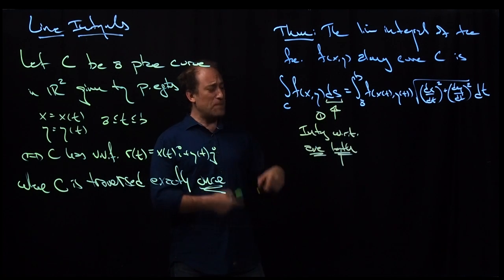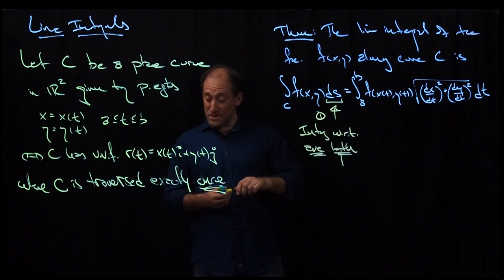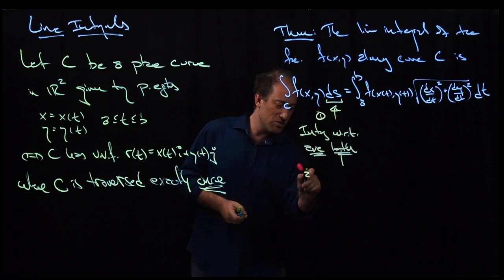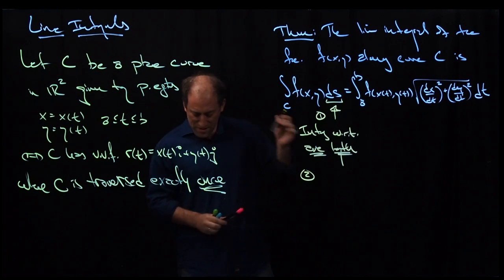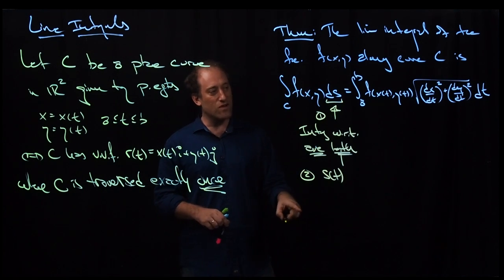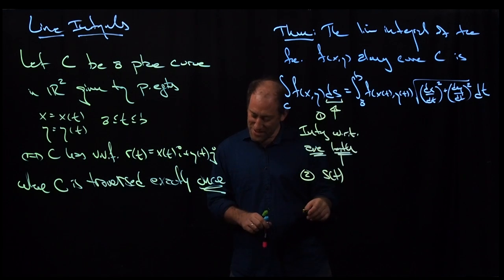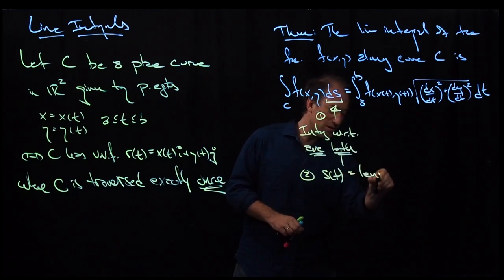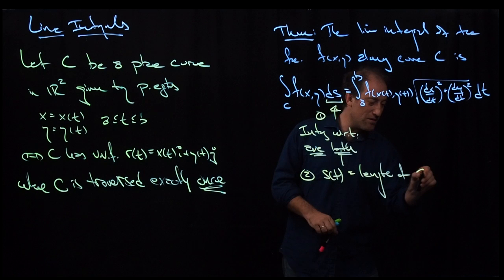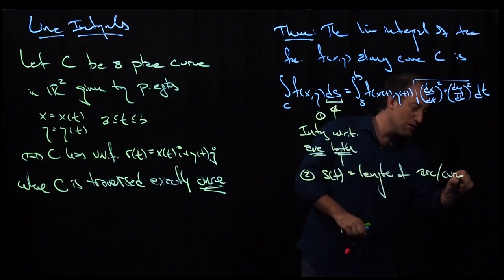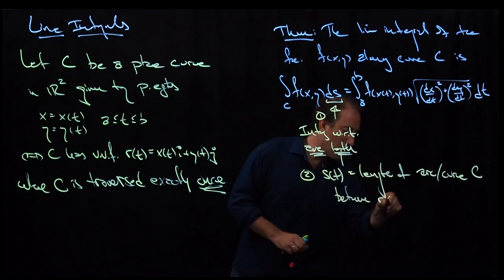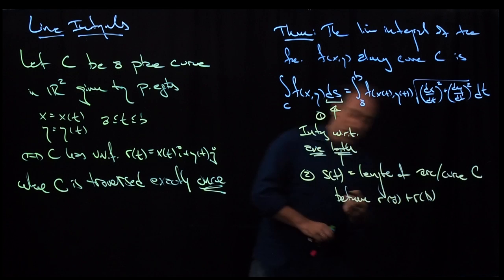Somewhere around, I think, chapter 11 of the book, when we talk about parametrization, there is the following, I should put this in note 2, that s of t generally is the notation reserved for length of an arc C. So s of t equals the length of the arc or the curve C between r of a and r of b.